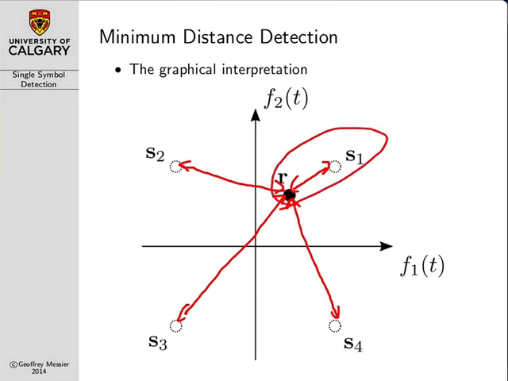We're of course closest to S1, and so we choose S1 as the most likely transmitted signal vector. It makes intuitive sense, and we've seen from our previous slides that this is the choice that also minimizes our overall probability of error, maximizes our a posteriori probabilities, and corresponds to our maximum likelihood detection choice.